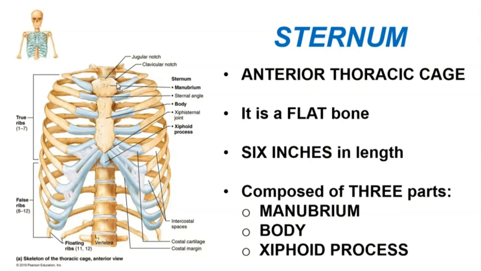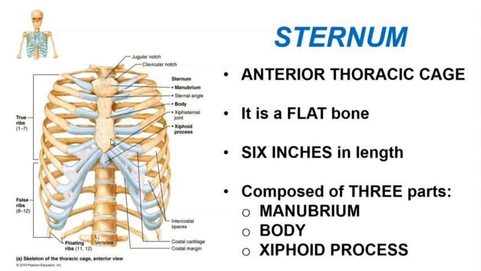There's a little notch here called the clavicular notch, where the clavicles would articulate. So the manubrium supports the clavicles of the pectoral girdle, as well as being a location where 2 of the 12 pairs of ribs will articulate.